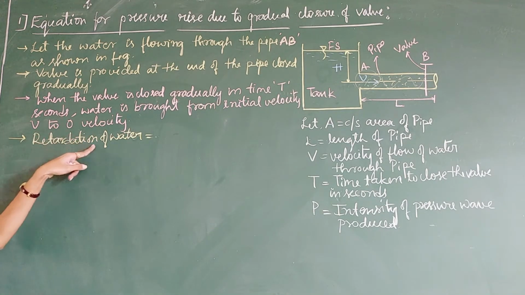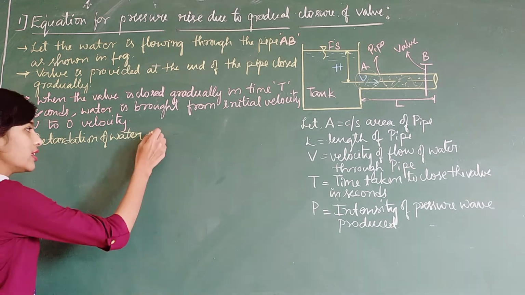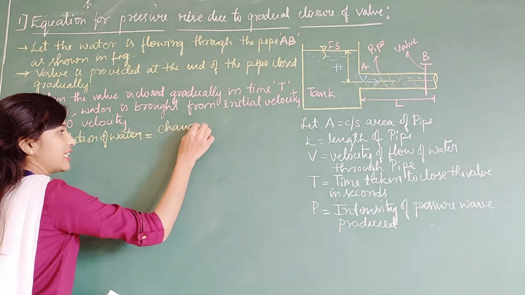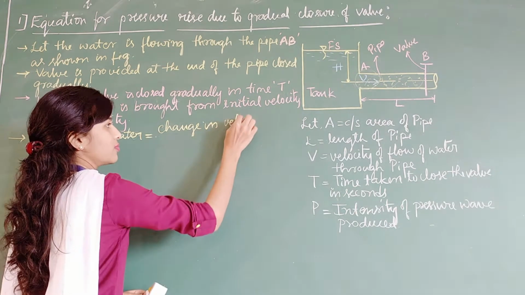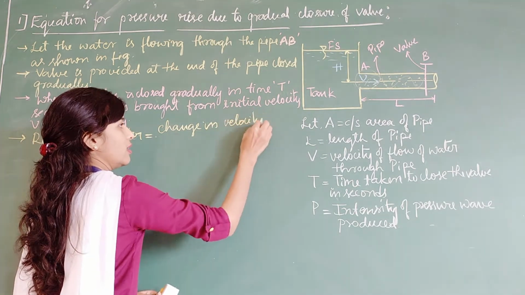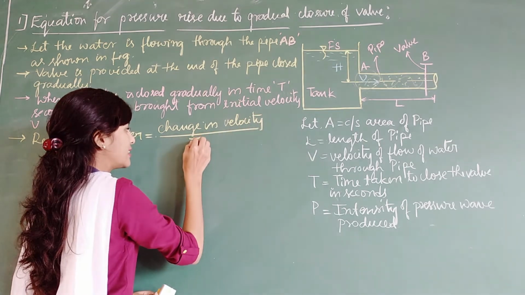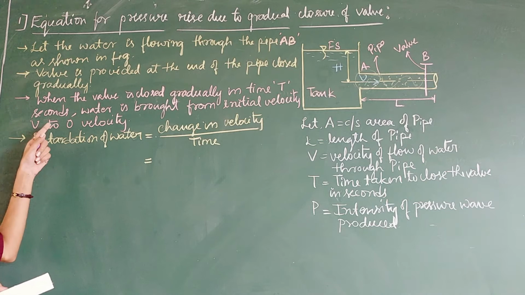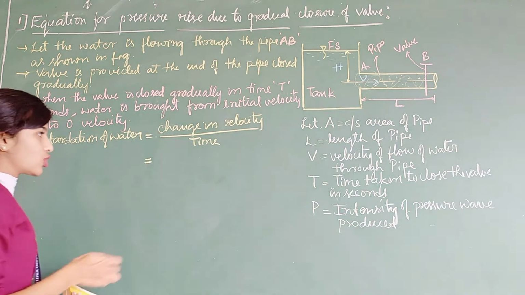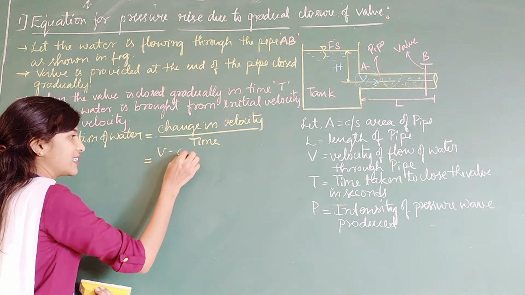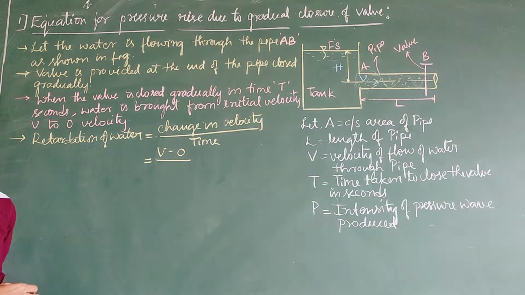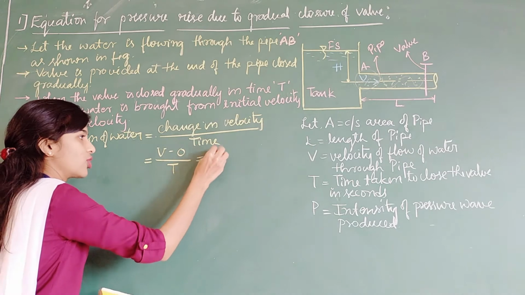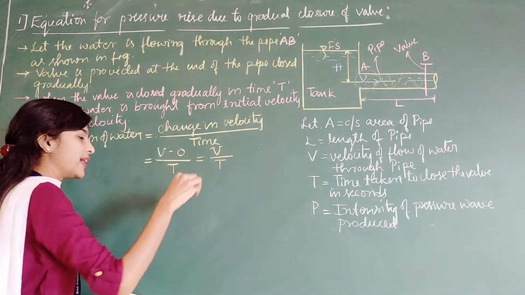The retardation of water is equal to the change in velocity divided by time. The change in velocity is from v to zero, so it is v minus 0, the initial velocity minus the final velocity, divided by t. So it will be v divided by t.